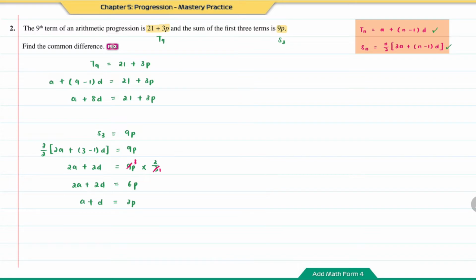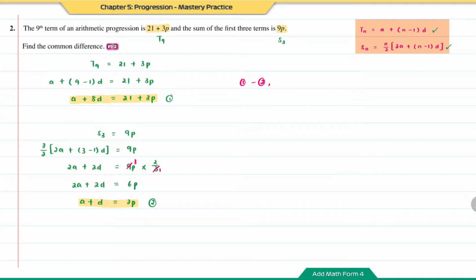Now let us focus on these two equations that we have here. We can solve these equations by using the simultaneous equations method. Let this be equation number 1 and this be our equation number 2. Now I'm going to use equation 1 minus equation 2.